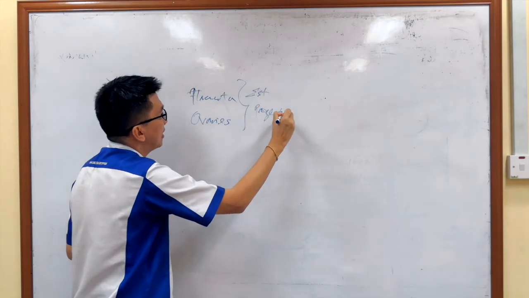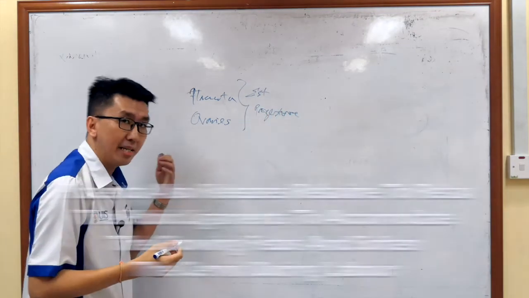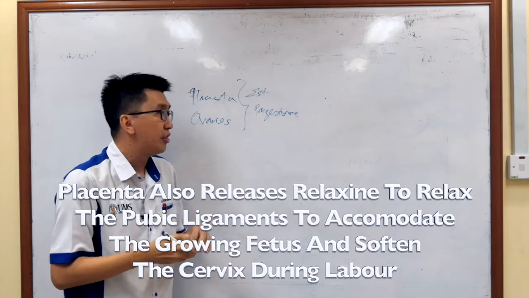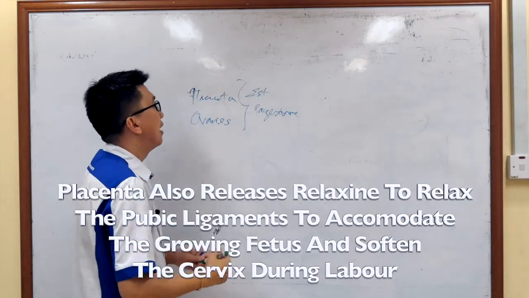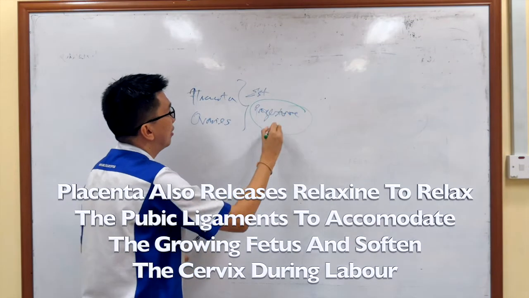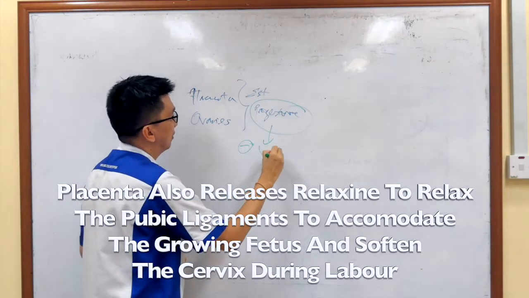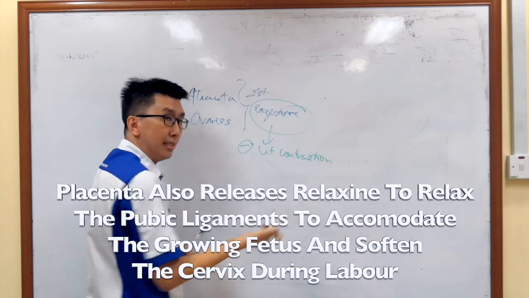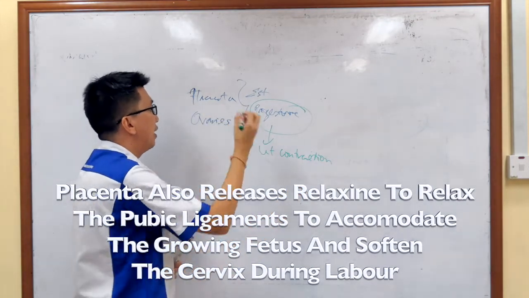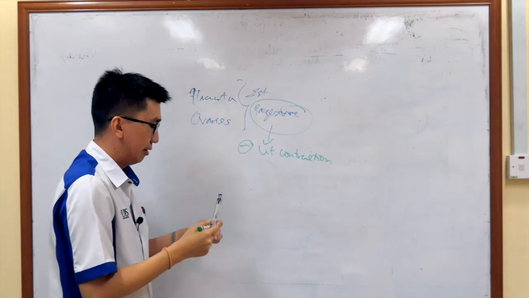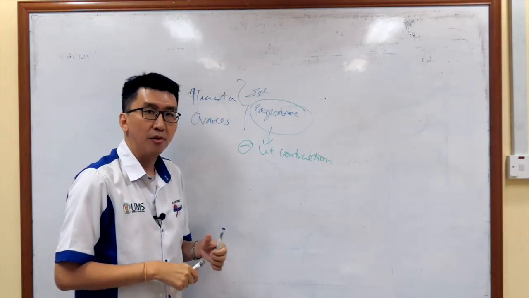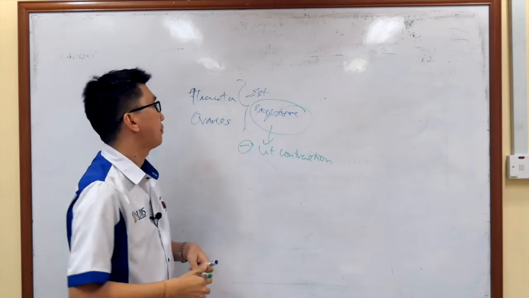These levels will continuously increase during the pregnancy. We must remember that the function of progesterone is to inhibit uterine contraction so that labor does not occur. However, estrogen will maintain the pregnancy so that the child can progress towards term.